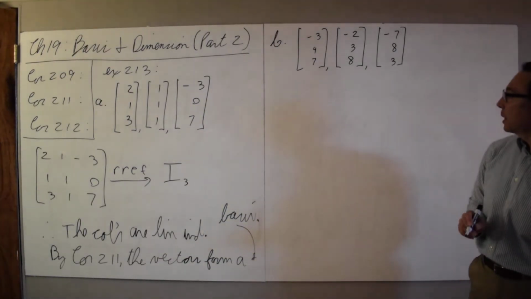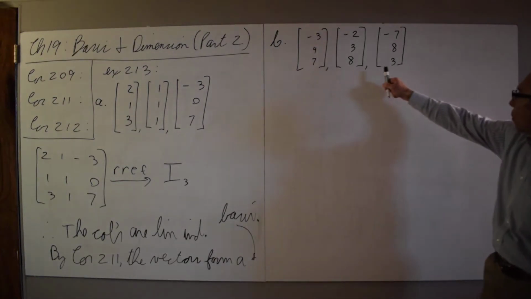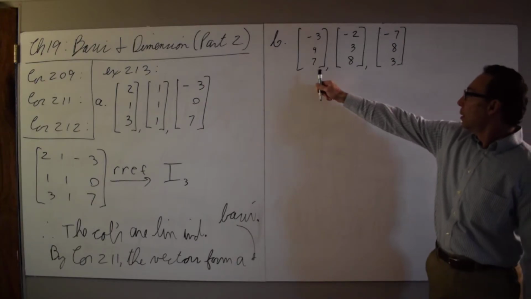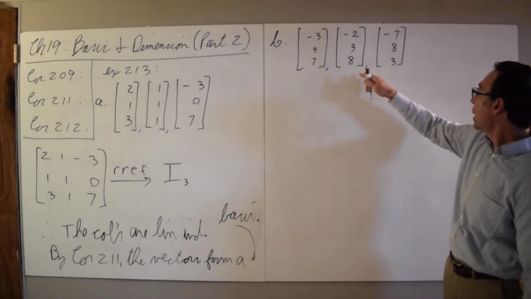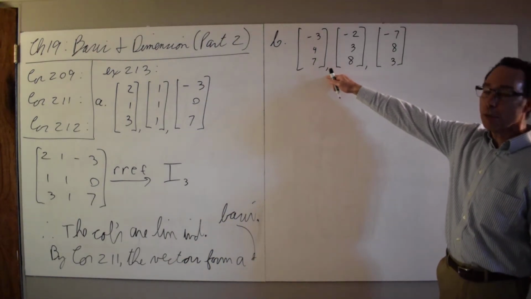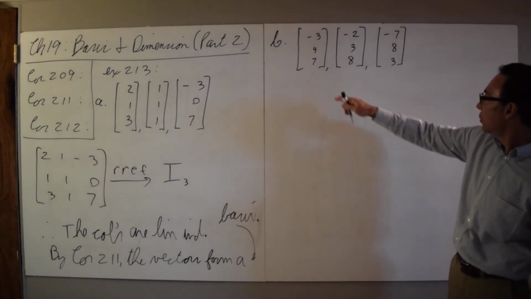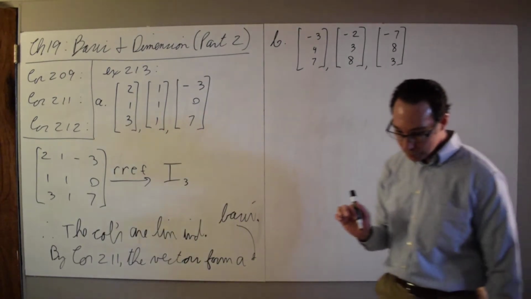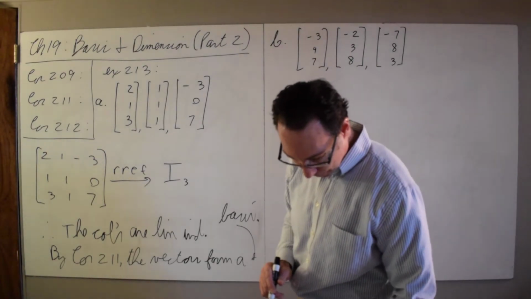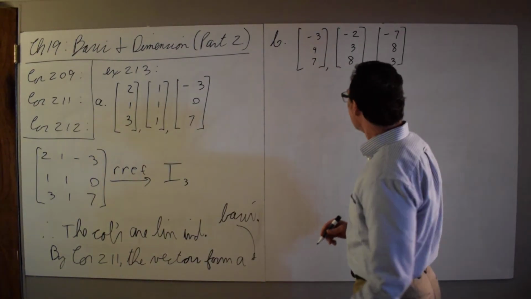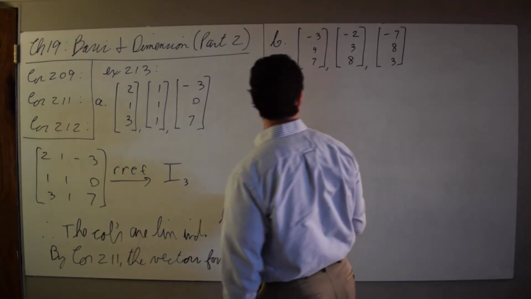We'll apply the same technique to part B. We have three vectors in R3. These three vectors form a basis if and only if they're linearly independent, also if and only if they're a spanning set. But again, we'll employ corollary 211 and check to see if the three vectors are linearly independent. We'll use the same technique.